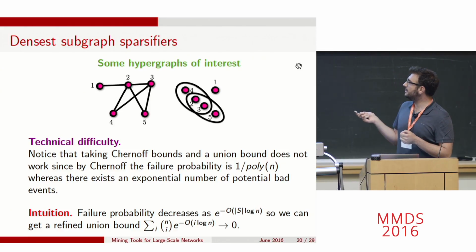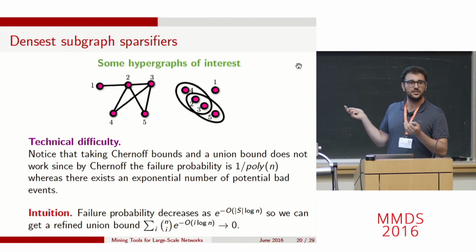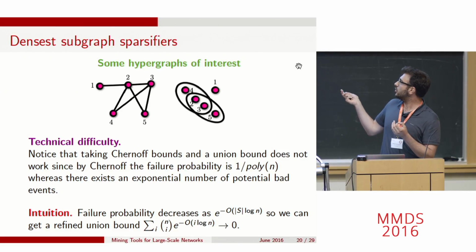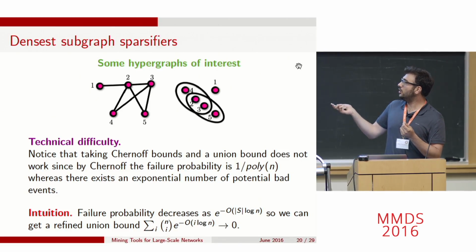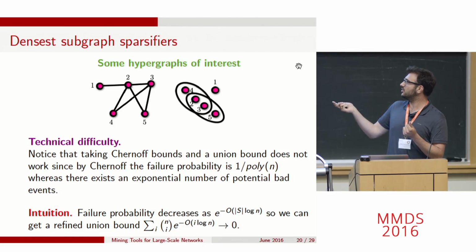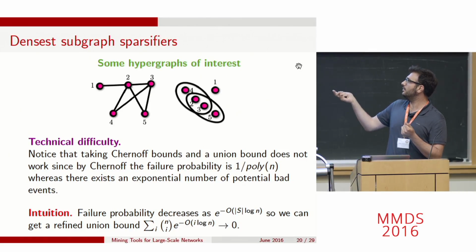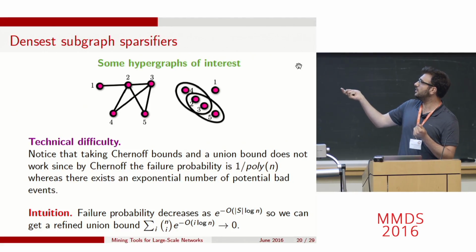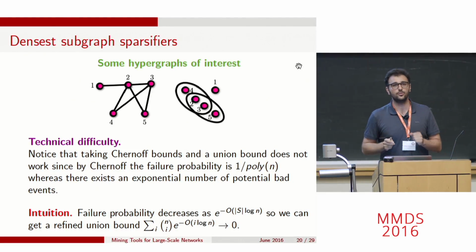The intuition is that as the size of the set increases, the failure probability decreases as a function of the size of the set. So you can take a refined union bound over all possible cardinalities of I from 1 up to n, and you have this type of union bound. And by choosing the constant here, you can make this go down to 0.